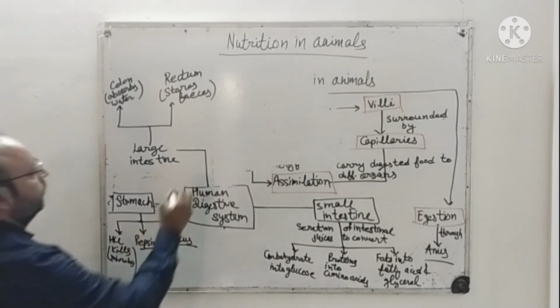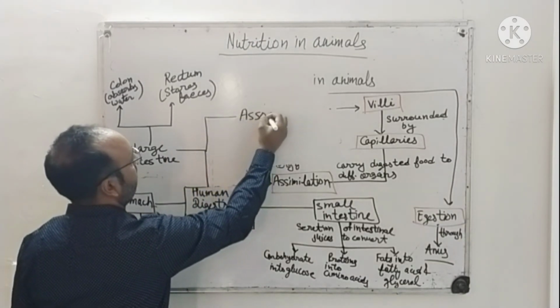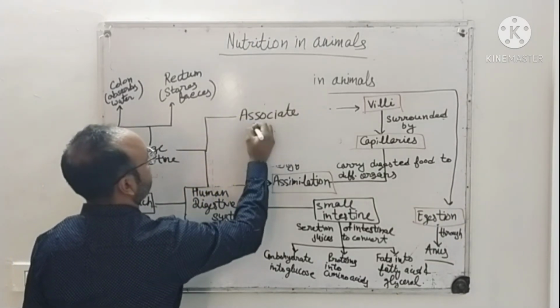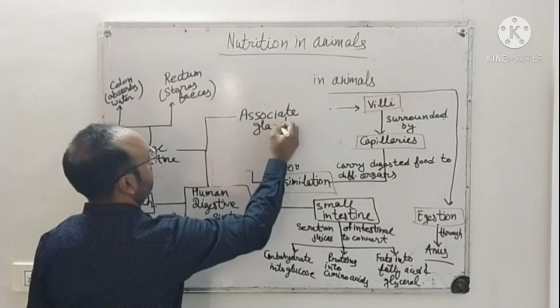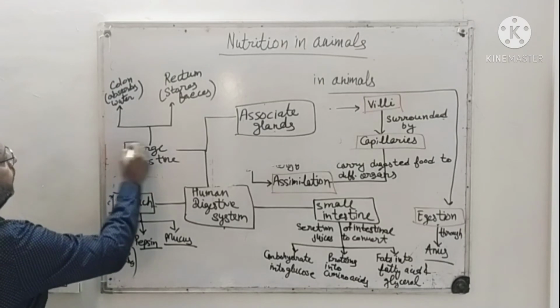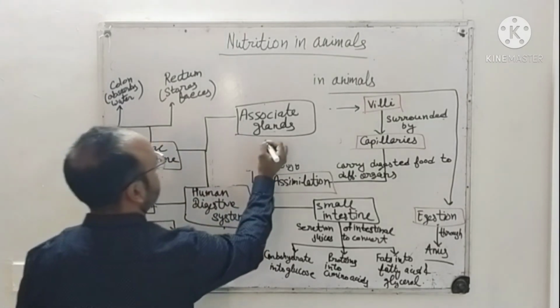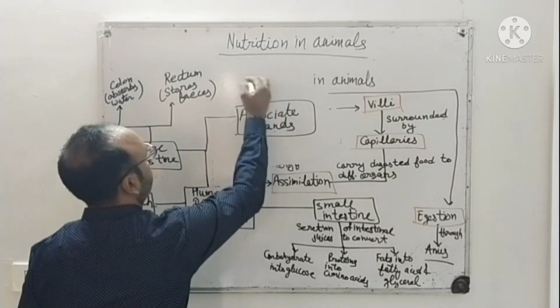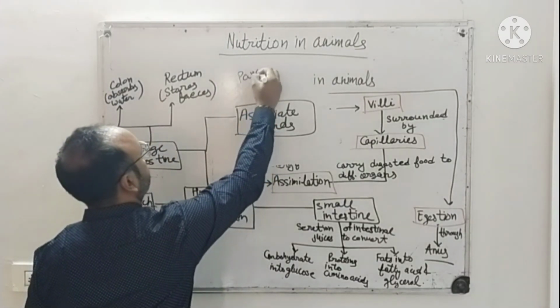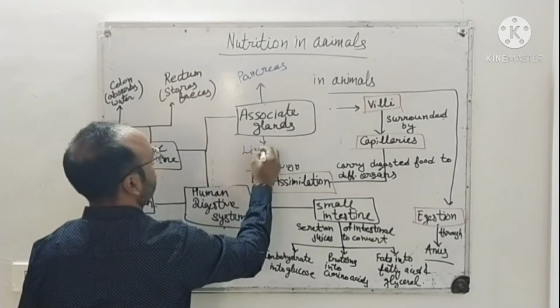Okay, apart from this, we have some associated glands which are associated with the human digestive system. What are these? One is the pancreas, and another is the liver.